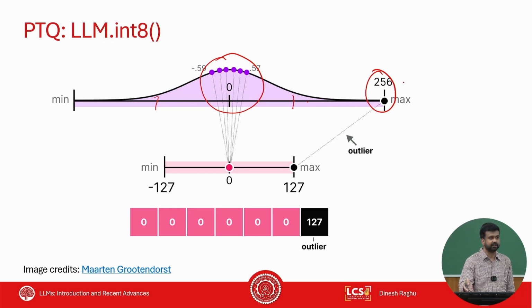The alpha is decided by this particular absolute number, and so you set both your extremes to represent this particular number. Then every other number in the vector ends up getting mapped to the same point, right? Which means you end up losing everything just because of that one number. And if most of your vectors are going to be like this, then quantization is not going to help, right? This was the reason why you saw a dip after the 2.7 billion model, because most of them seem to have these outliers.